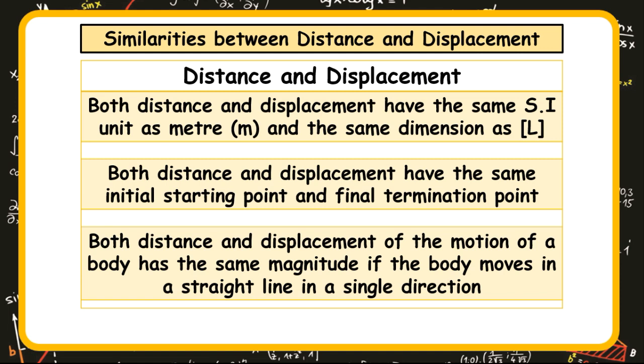And in this case, both magnitudes of the distance and the displacement are said to be the same. So this is a comparison and a contrast between distance and displacement as parameters and terms of motion.